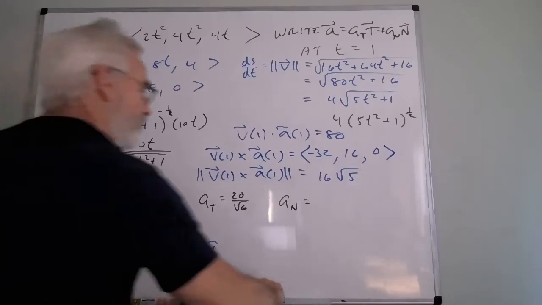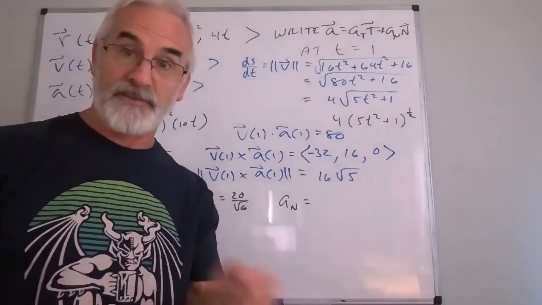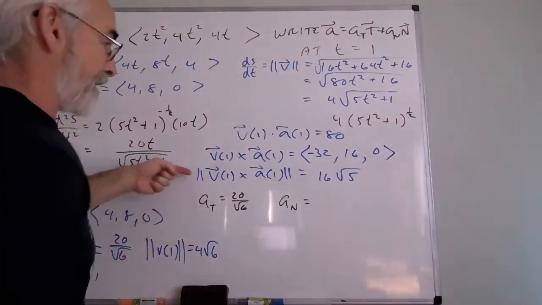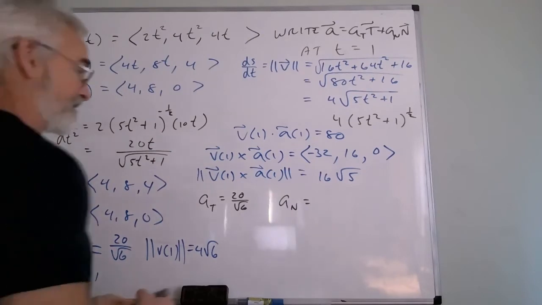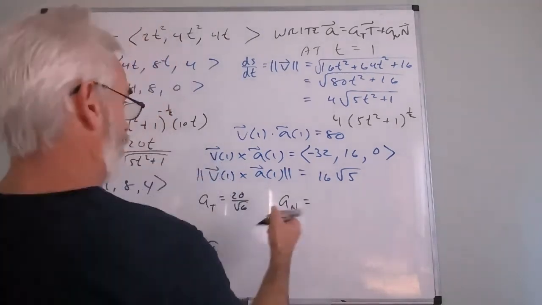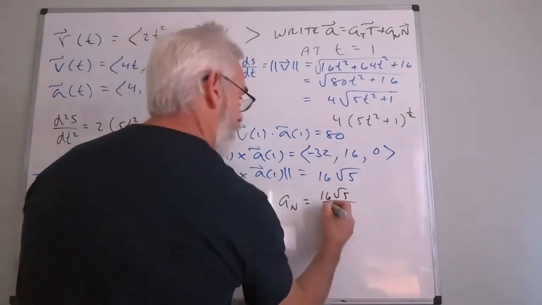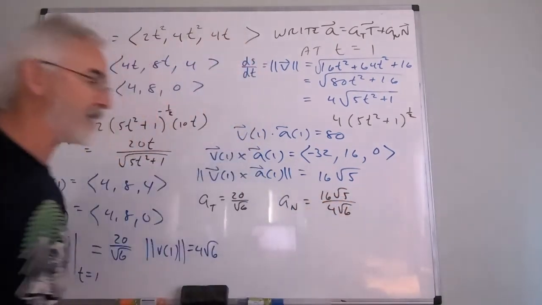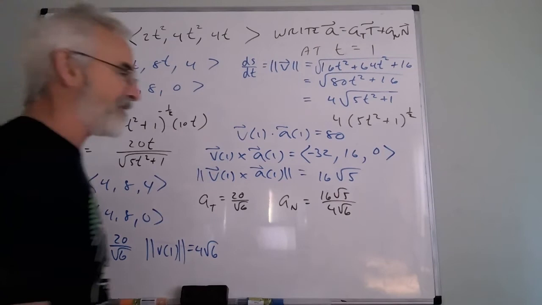So AN, which I'm not going to find by finding curvature and all those pieces, I'm going to find using the length of the cross product over the length of the velocity, because that's just flat out easier. So it looks like it's going to be 16 root 5 over 4 root 6. Now that definitely can be simplified, because a root in both numerator and denominator is considered not quite finished.